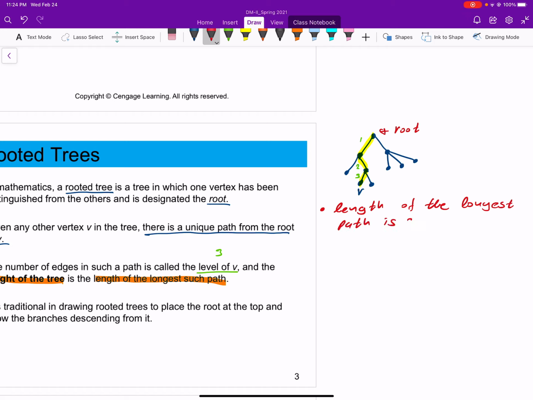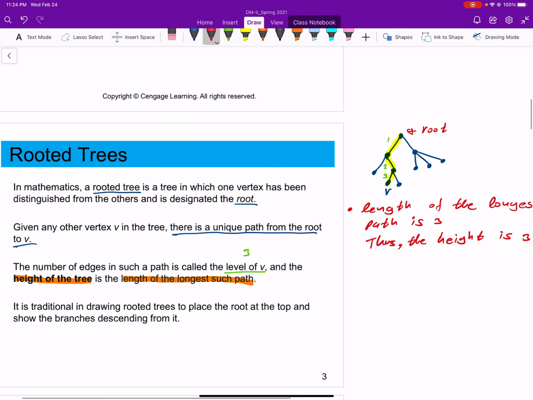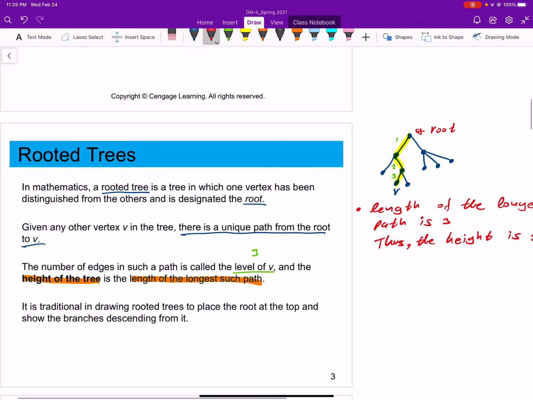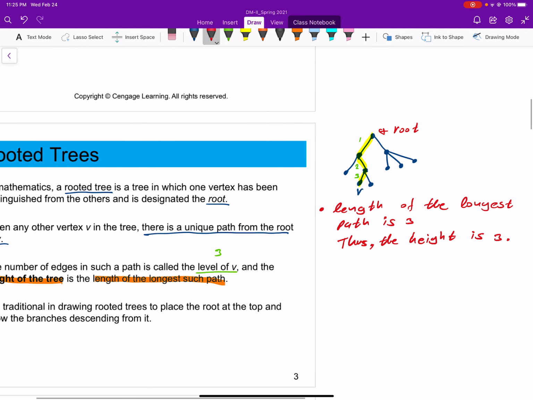All right, the height is the length of the longest path.